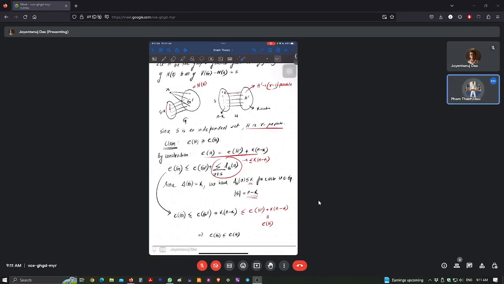Hence, it follows that this part is less than or equal to this, and so the number of edges in G is less than or equal to the number of edges in H.